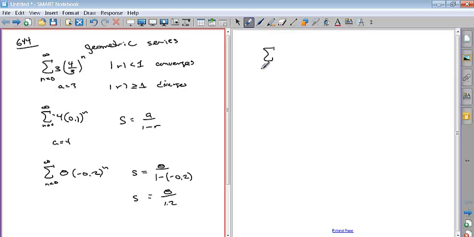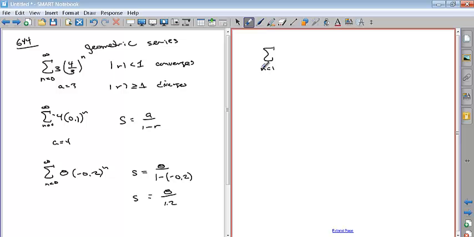Then you've got p-series, and you have 1 over n to the p. Now that could be the summation from n equals 1 to infinity of 1 over 3 n to the second power. So the key thing is looking for n raised to some power. And the convergence criteria there is if the p is greater than 1, then it converges.